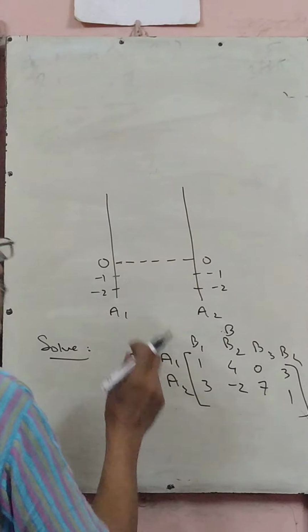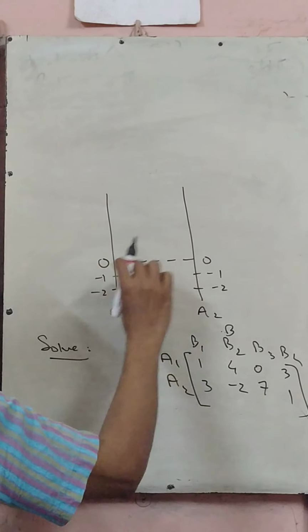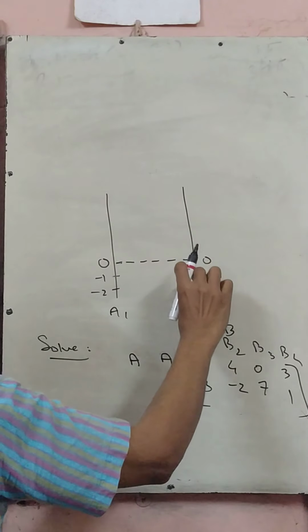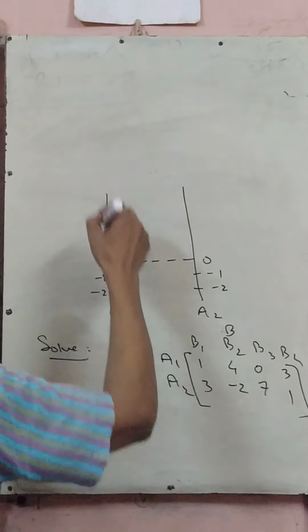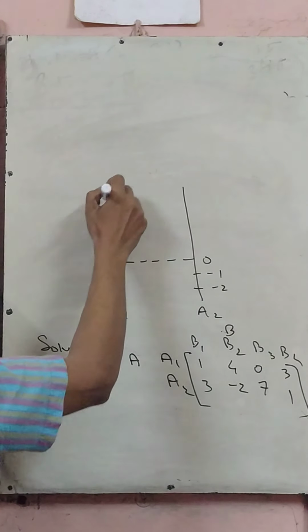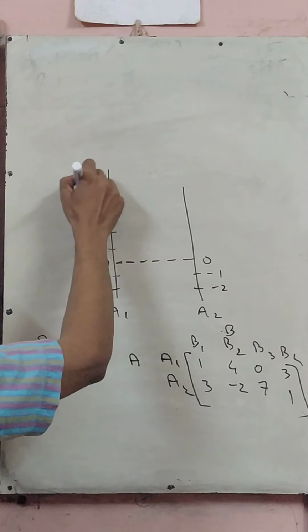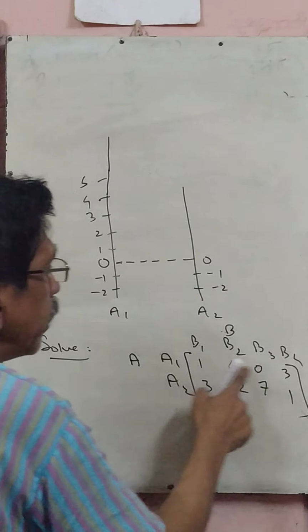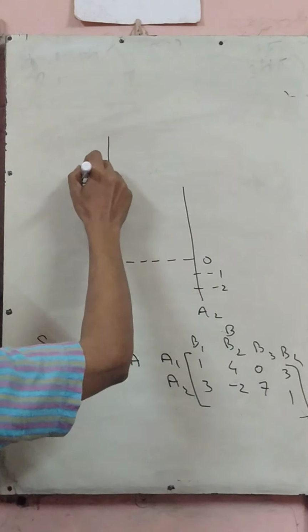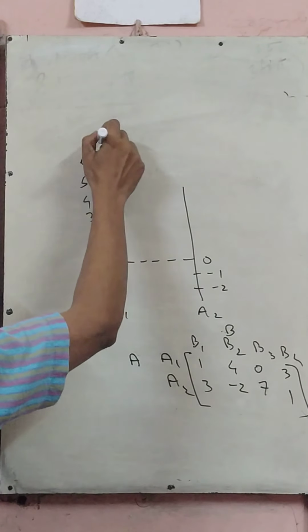and then you take 1 centimeter like that, a reasonable length: 1, minus 2, same, minus 1, minus 2. Now going upward, 1, 2, same gap, 3, 4, 5. I am adding 4, so you can stop here up to 4. But A2 requires 7, so let us move up to 7.